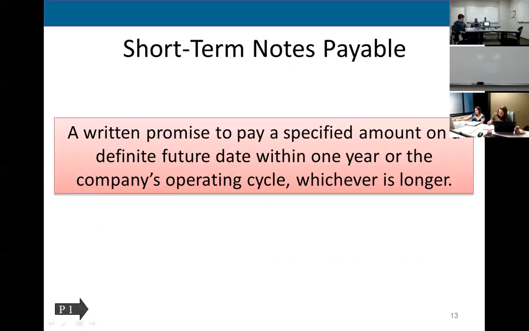Good. All right, this is a promissory note, just like a check. And what that means is they are negotiable, meaning they can be transferred from party to party by endorsement.